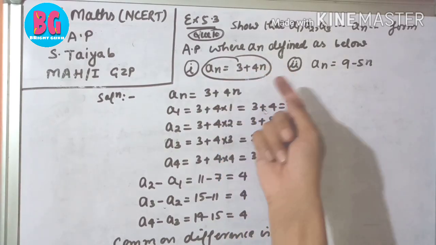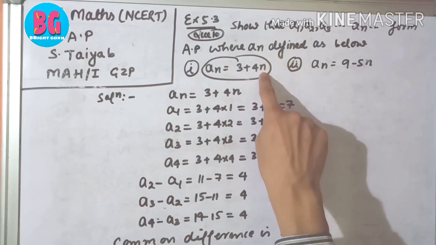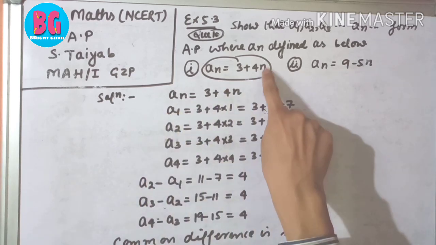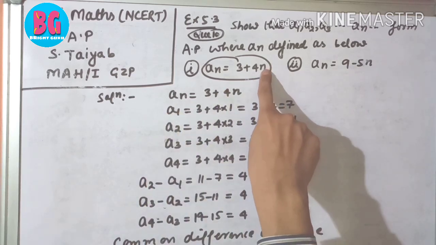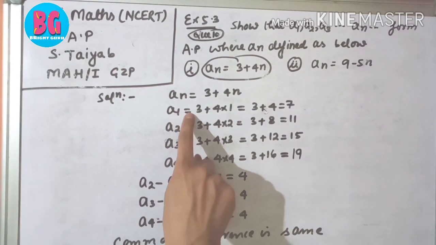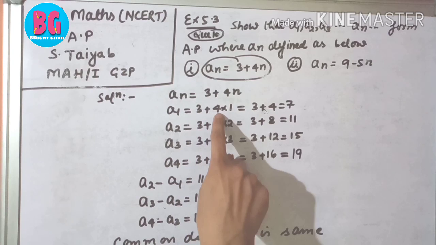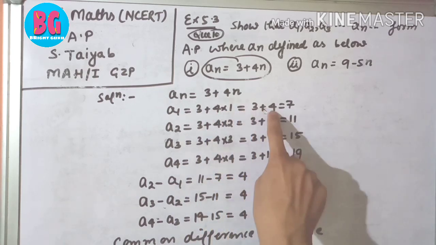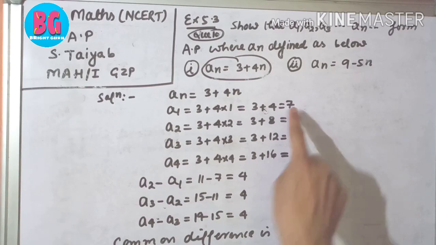If in place of n we write 1, then we obtain the value of the first term. How can we obtain the value of the first term? By putting n equal to 1. When we put n equal to 1, the expression becomes a1 is equal to 3 plus 4 into 1, which is 3 plus 4, that is equal to 7.